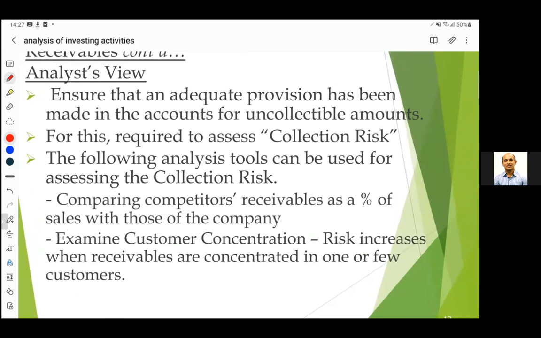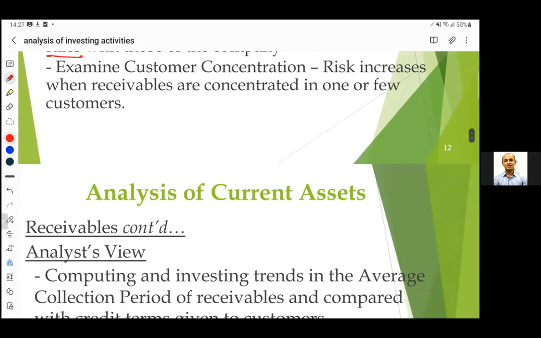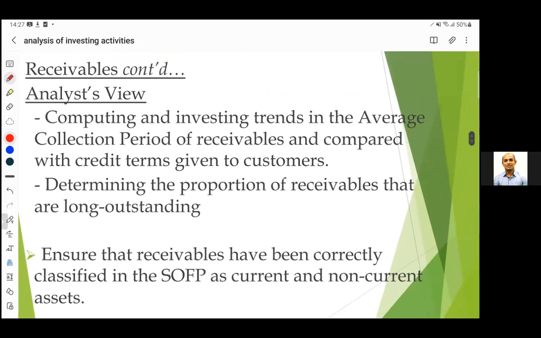You can calculate receivables as a percentage of sales and compare that percentage with competitors. In addition, you can see a trend in the collection period.